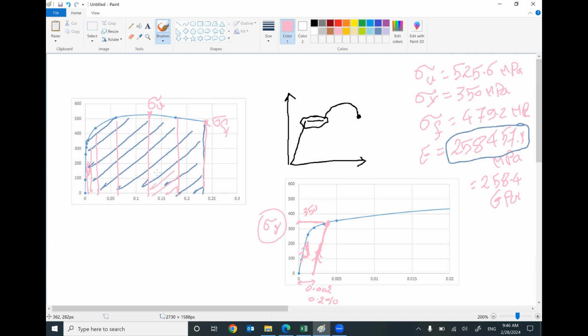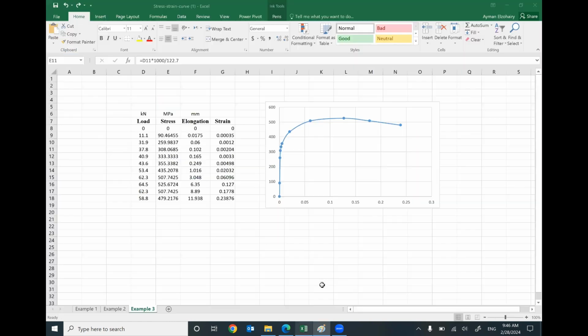The area of one strip equals this value of stress plus this value of stress, divided by 2, times the increment value of strain. It looks like a trapezoid. And then I will add the areas of these strips together to find the area under the curve, and I can do it using Excel.